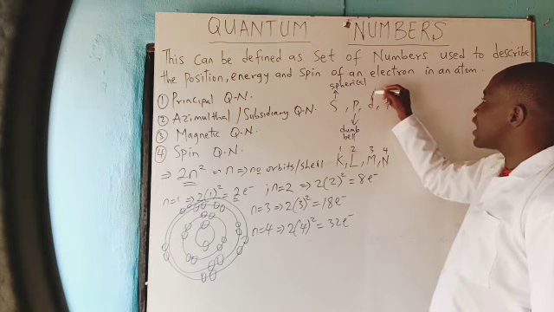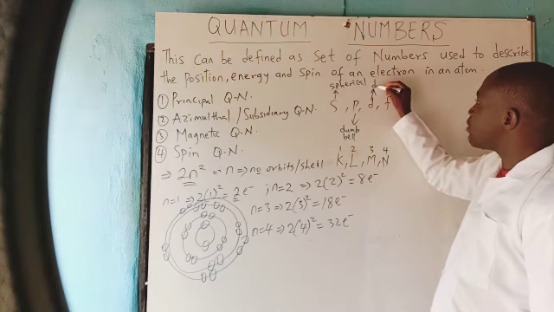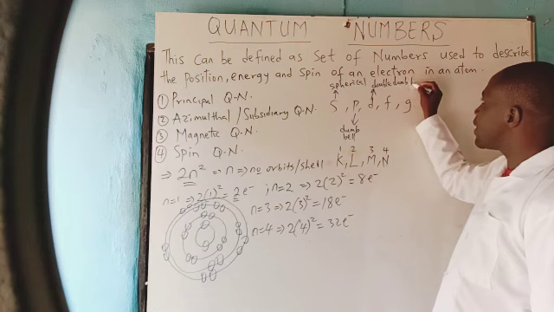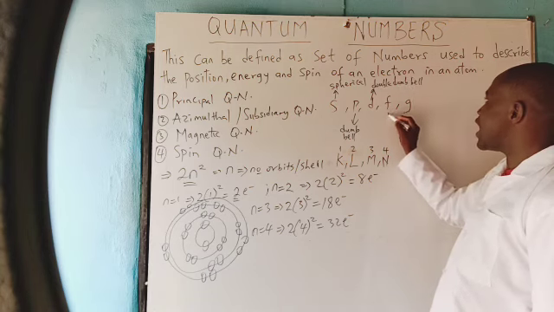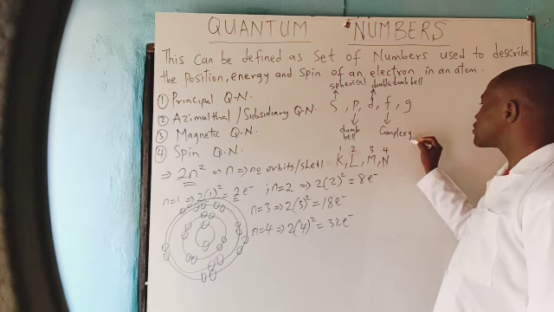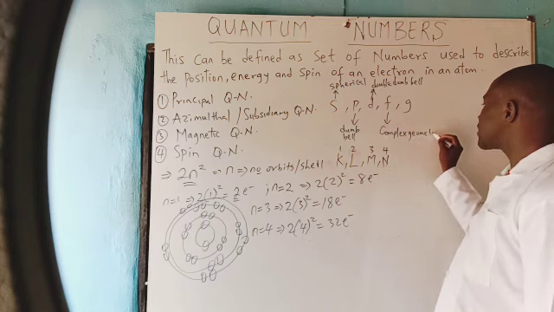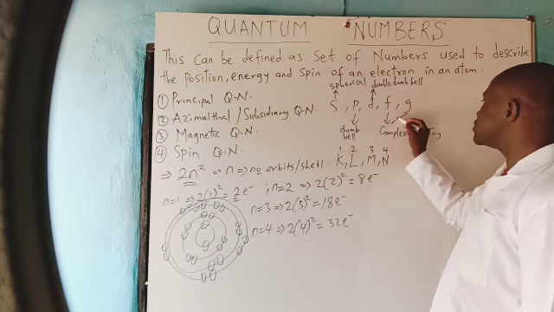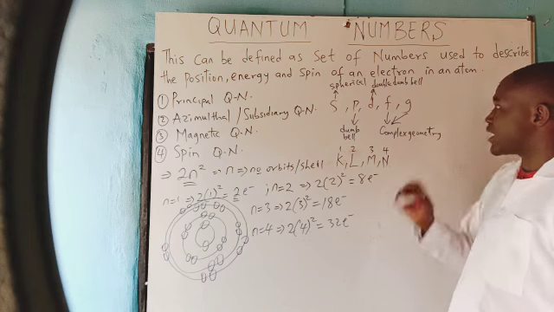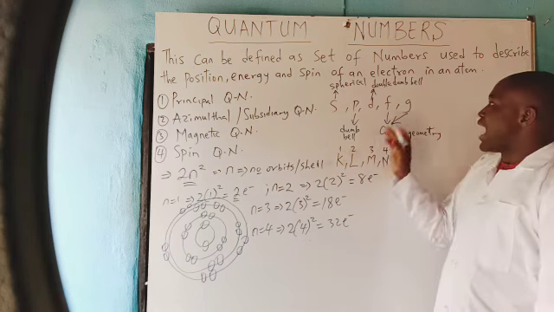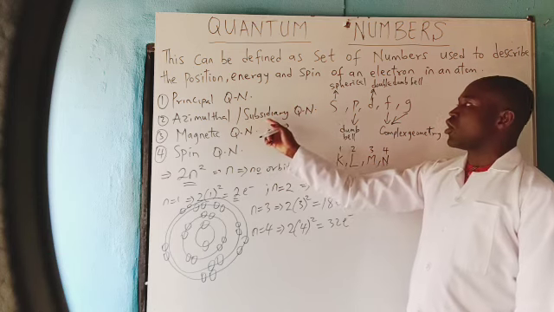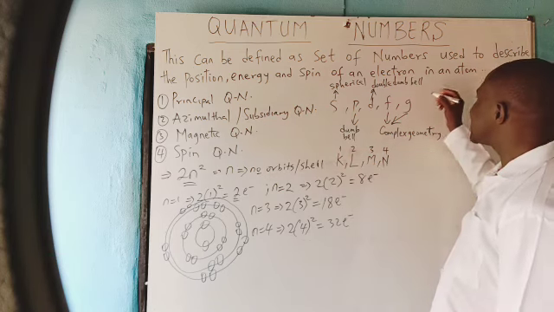The d orbital has a double dumbbell shape, and the f and g orbitals have complex geometry. That is their shape.